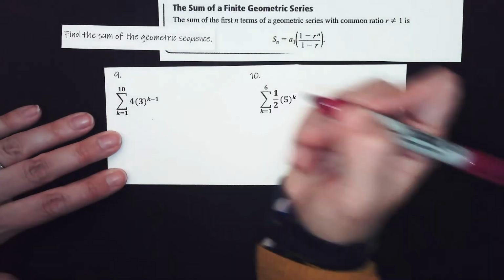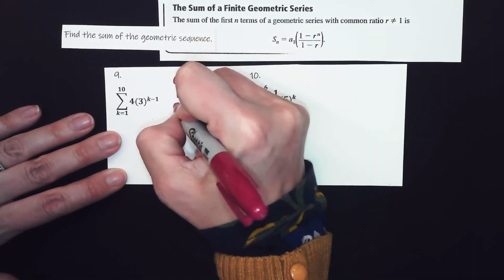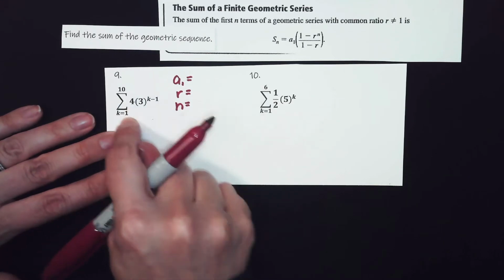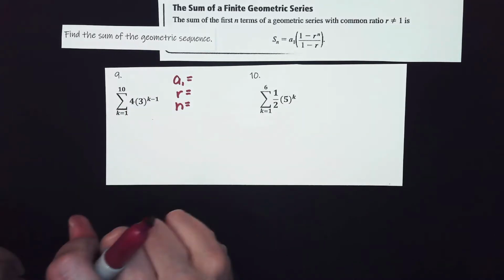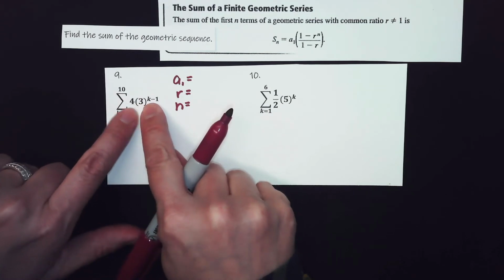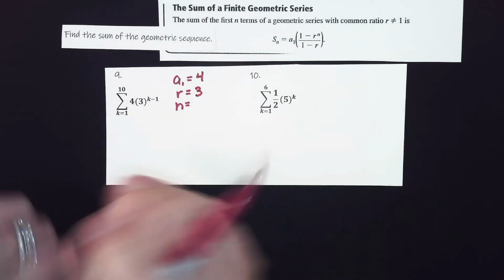So I'm going to write those down. I need A1, I need R, and I need N. Well, all of that is given right here. Remember our rule for writing geometric series, this was A1 times R. So right there we know A1 is 4, we know R is 3.